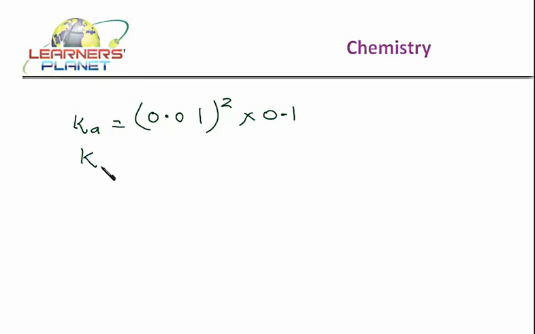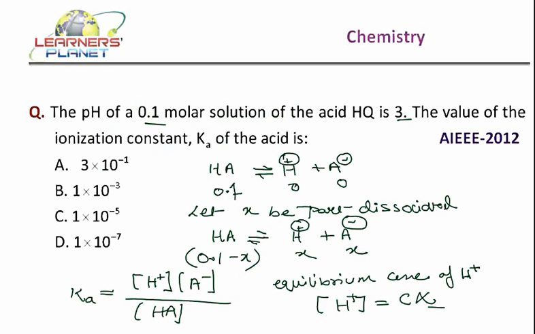So what will be the value of the ionization constant? It would be 1 into 10 to the power minus 5. Understood this question? It was very simple, students. You have to just find out the expression for Ka and then find out the degree of dissociation. So the answer of this question would be 1 into 10 to the power minus 5.